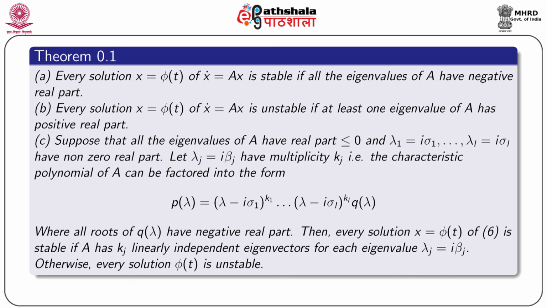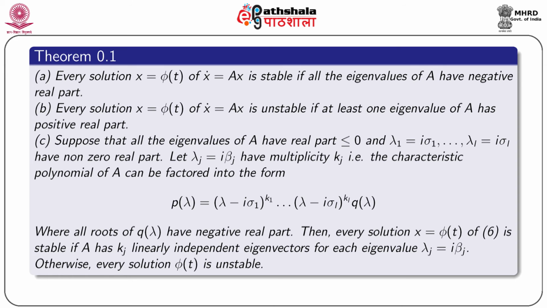Let lambda j equal to i sigma j have multiplicity k_j, that is, the characteristic polynomial of A can be factored into the form p(lambda) equal to (lambda minus i sigma 1) to the power k_1 ... (lambda minus i sigma L) to the power k_L q(lambda), where all the roots of q(lambda) have negative real part.